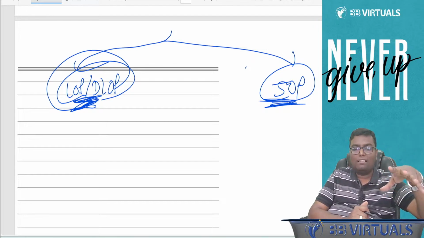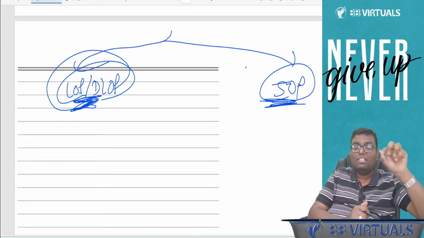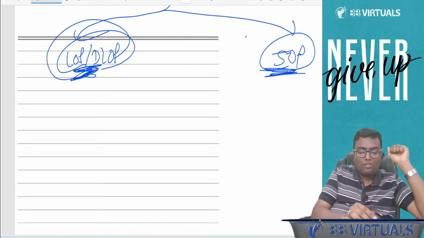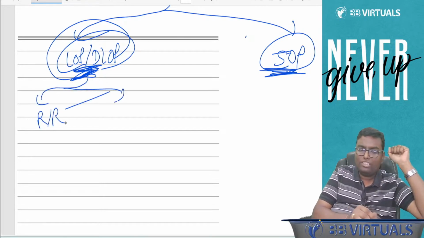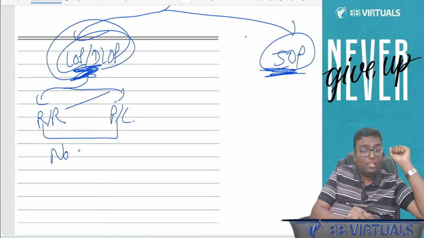Whatever is my interest, either of 1 lakh or 10 lakh or 1 crore, I will get that full amount as a deduction under 24 clause B without any limit. So in case of LOP or deemed LOP, either your loan can be for repair or renovation or it can be for purchase or construction. We don't care. You will get full deduction without any limit.